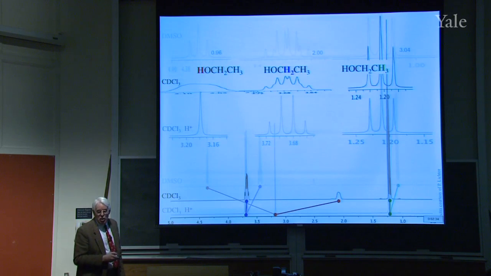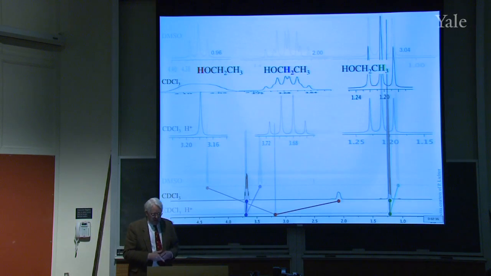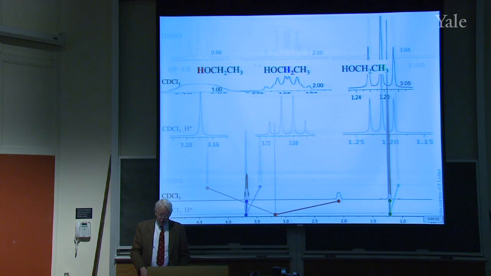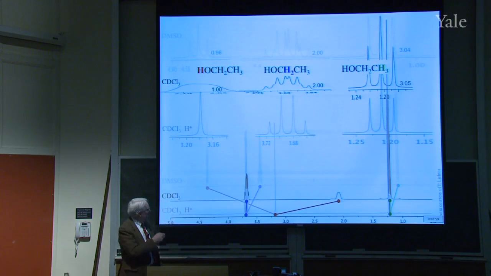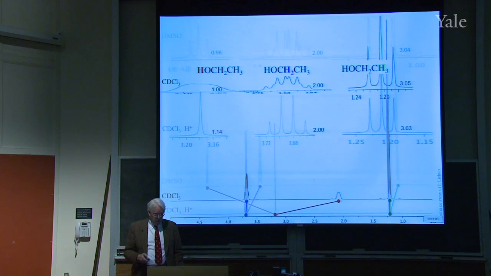Now let's look at the integrals. Within experimental error, it's 1 to 2 to 3. It's 0.96 to 2 to 3.04 in DMSO. In CDCl3, it's 1.00 to 2.00 to 3.05, again, within experimental error, 1, 2, 3. But the one that had a little bit of acid in it is much more interesting.